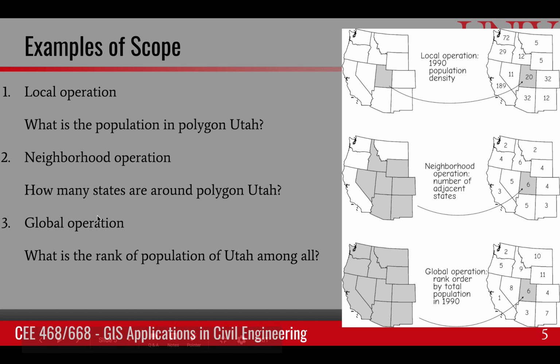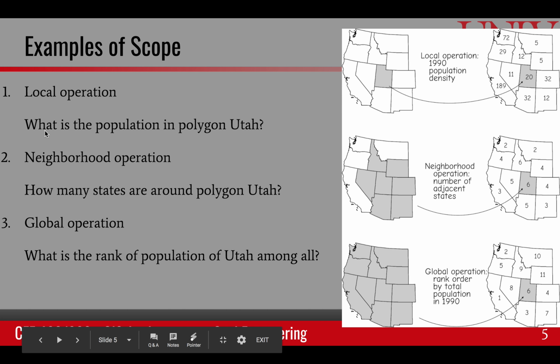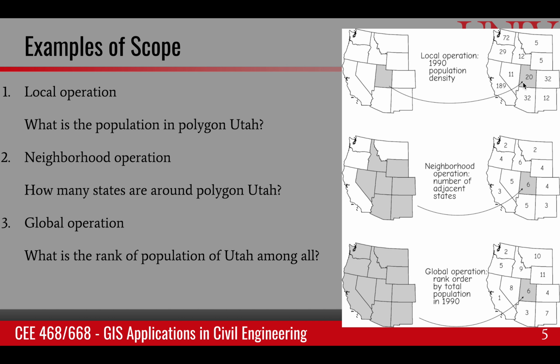So here's an example. Let's say the question is, what is the population in the polygon Utah? That would be an operation on this individual polygon, so it's a local operation. It has nothing to do with what's going on anywhere else with other features. Whereas if we were talking about how many states Utah neighbors, in that case we need to know the neighboring features, so this becomes a neighborhood operation.